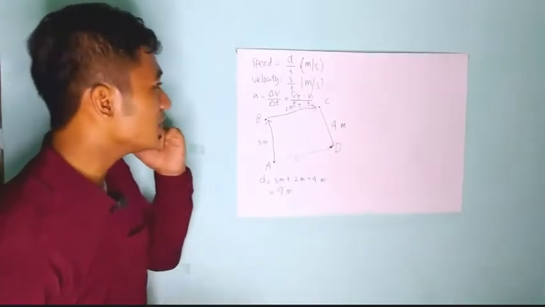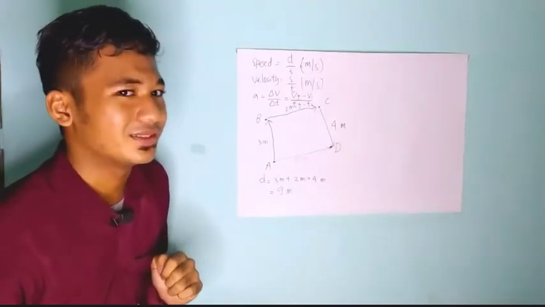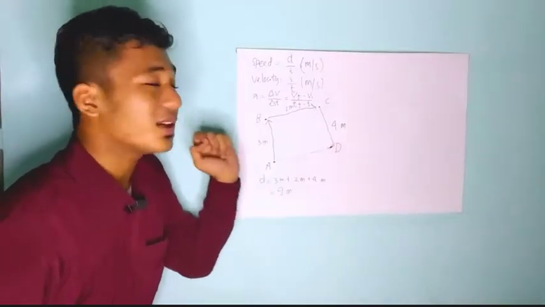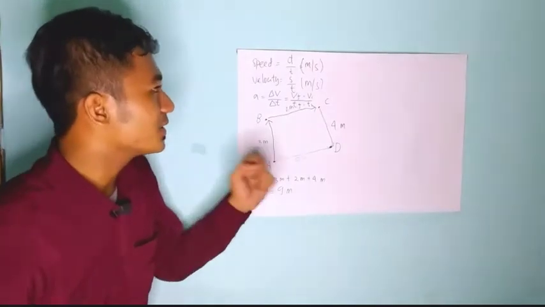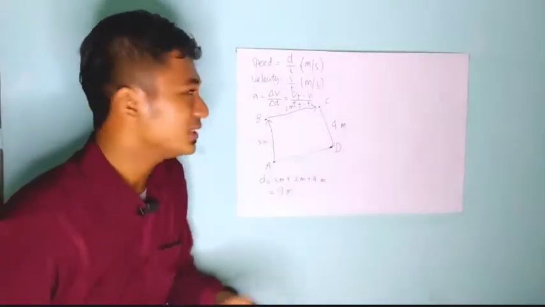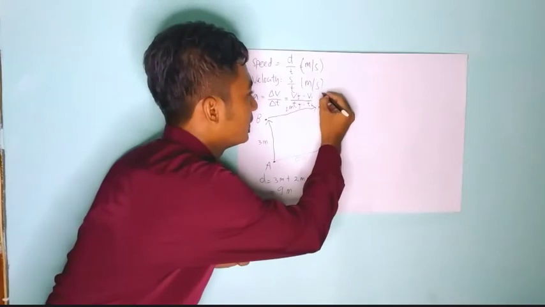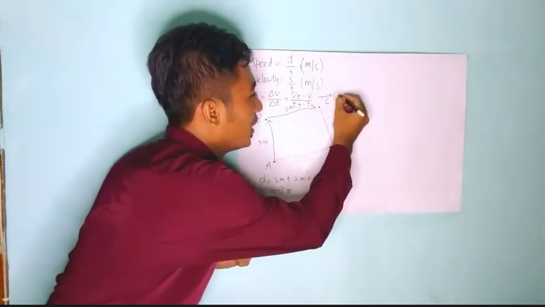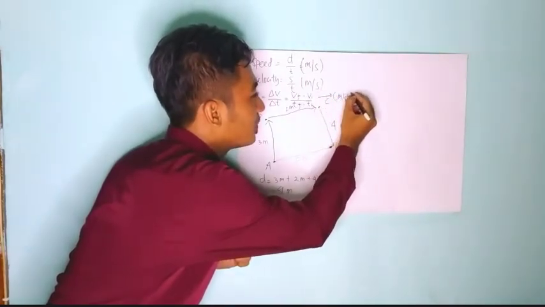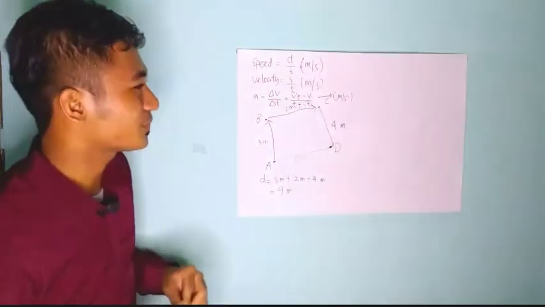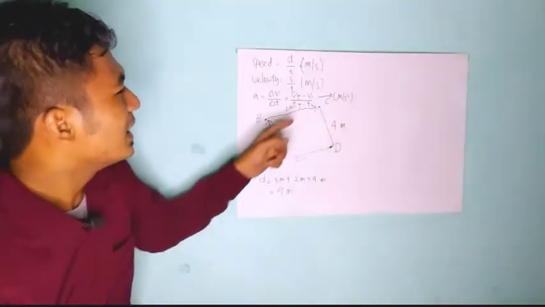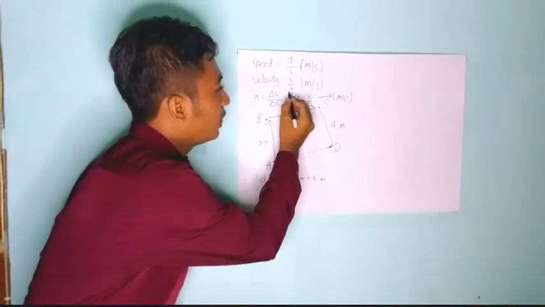That is the formula of acceleration. And the unit of acceleration is meter per second square.